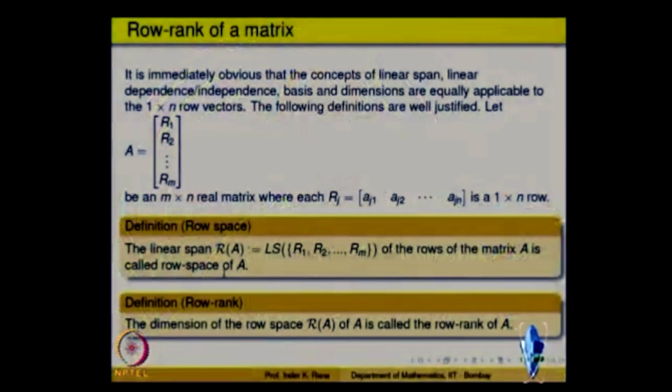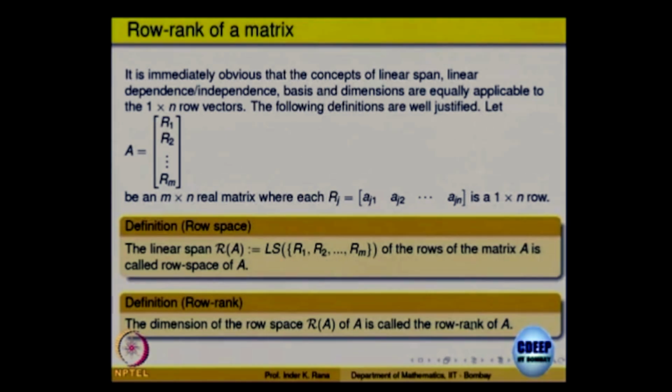Each vector has n components, so if we generate a subspace, that will be a subspace of Rn. So row vectors generate a subspace that is called the row space of A. That vector space has got a dimension, right? So that dimension is called the row rank of the matrix A.